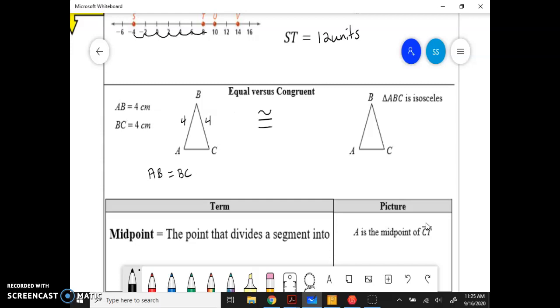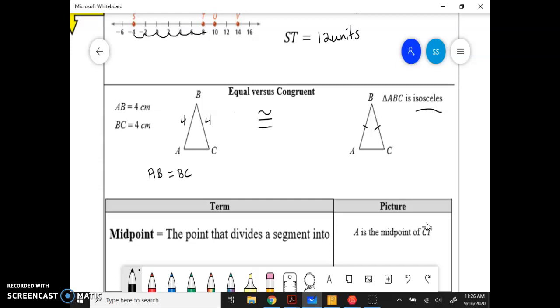All right, now this other one here, it says triangle ABC is isosceles. And we'll get into different kinds of triangles a little bit later, but an isosceles triangle just means two of the sides are congruent, or the same length. Okay, so we know that AB and BC are the same, but we just don't know exactly what the measure is.